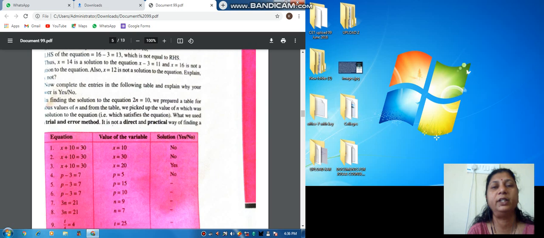We don't know the value of the variable x, so we put various values and find a value which satisfies the equation. Then we get the solution of the equation, and this is called the trial and error method. It is not practical because it is lengthy and not an accurate method, but it is a method. We have studied so many examples before.